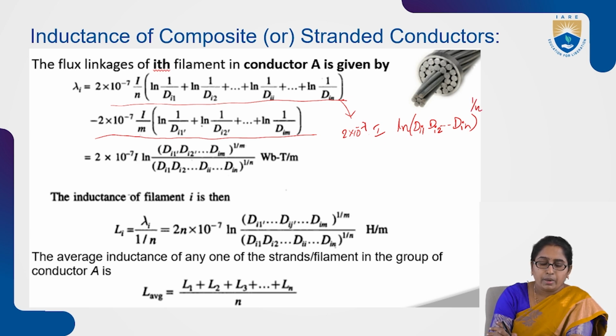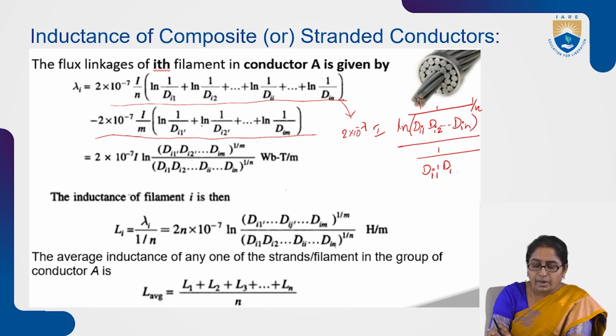Okay, divided by, so this becomes all are 1 by, right? Okay, divided by log of 1 by the down one, d I1 dash, d I2 dash, d Im dash. Okay, whole power 1 by m. So now this whole one, what it will become, we can write the next term like this, right?